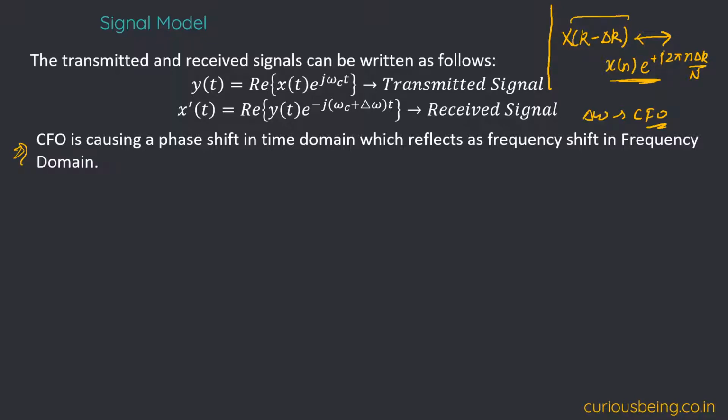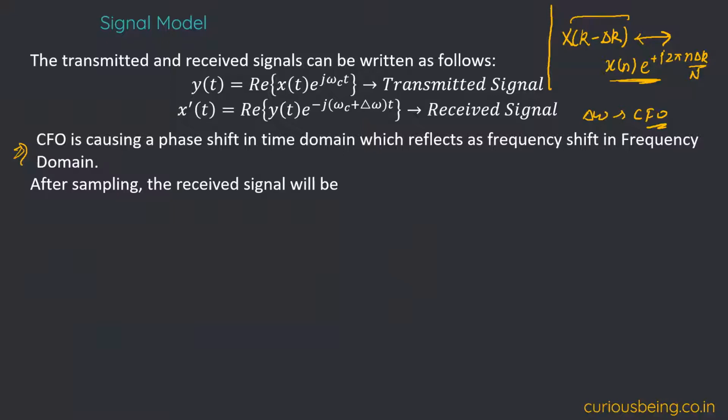Yes, so what you intend to say is that y of t is the received signal and x dash of t is the estimate of the transmitted signal. No, this x prime t is actually the received signal. This is still when we have the continuous time signal.